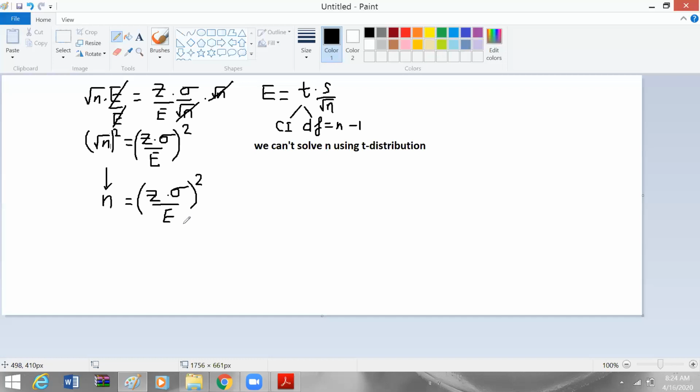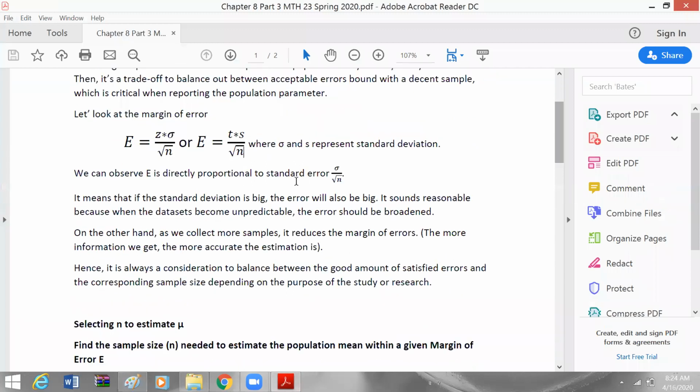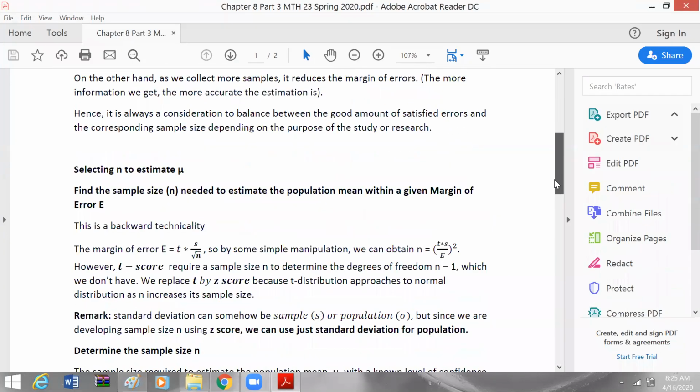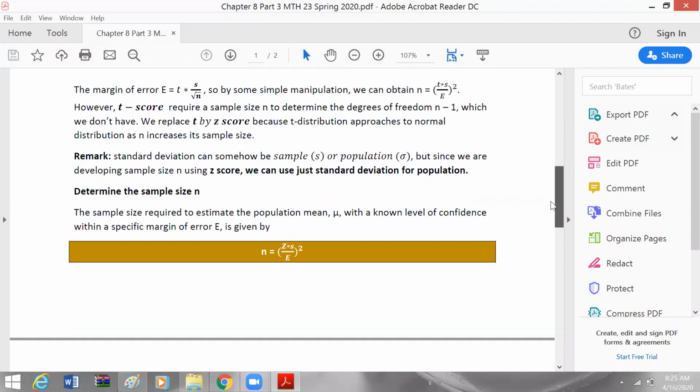So it is very important that we understand the strategy in order to solve a problem. In other words, again, we can only solve using the first form. And then there is how we're going to apply it in real situations when we have a certain problem.